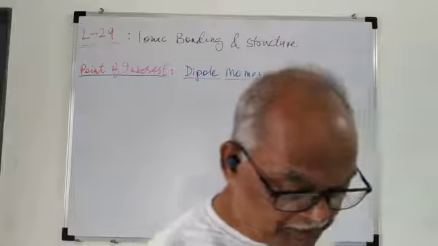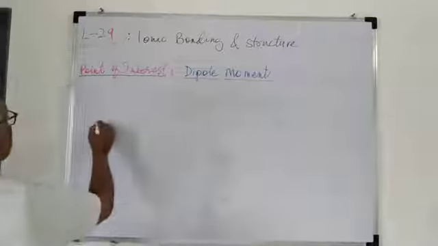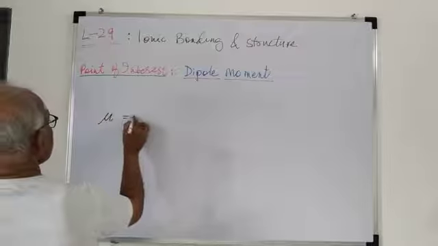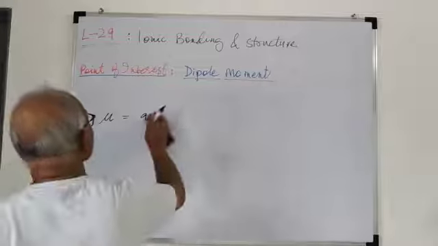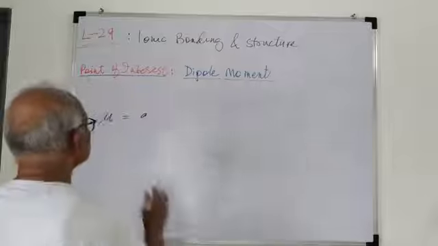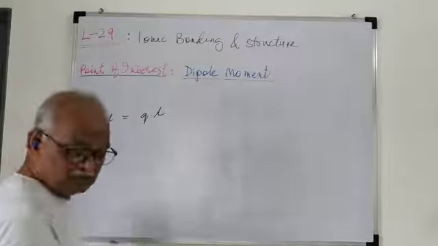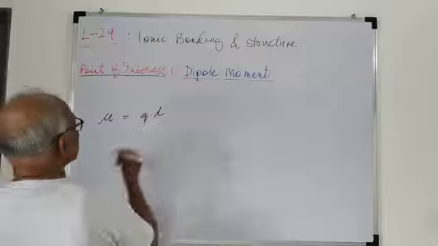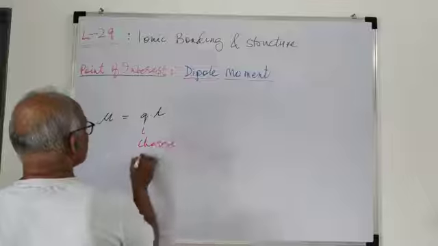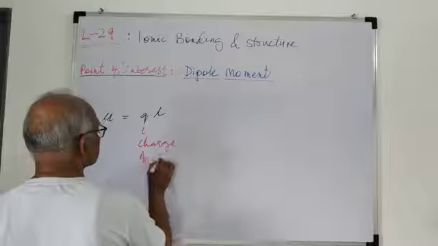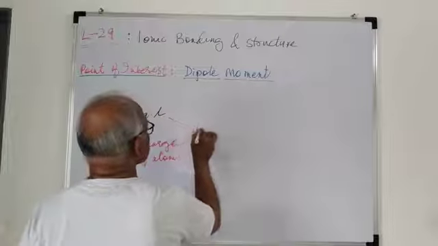For the bond, the dipole moment is calculated using mu equal to Q times L, where Q is the charge on the atoms and L is the bond distance.